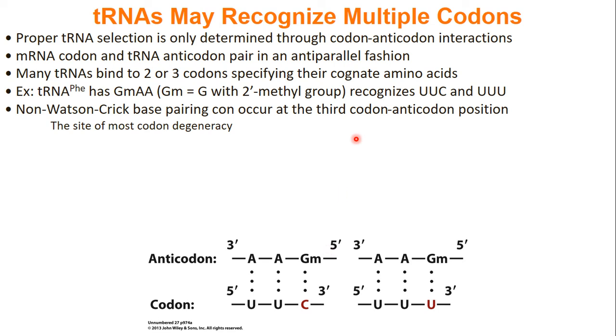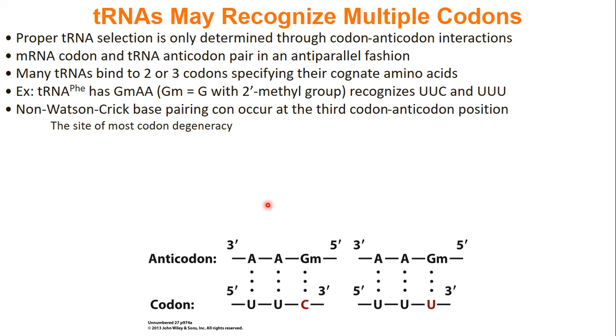And many tRNAs will bind to 2 or 3 different codons that specify their amino acid. For example, our tRNA phenylalanine has a GmAA. Gm means we have a G but it has a 2' methyl group on it. And this can recognize UUC and UUU.